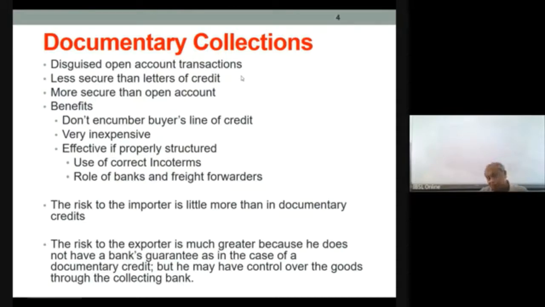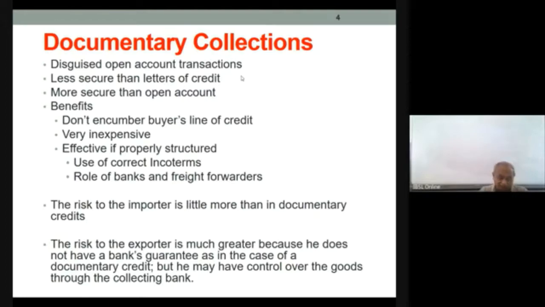The benefits of this documentary collection are that they don't have to encumber the buyer's line of credit, right? Very inexpensive. If you open LCs, then you have to pay LC charges, right? Then we have to have a limit for opening LCs.